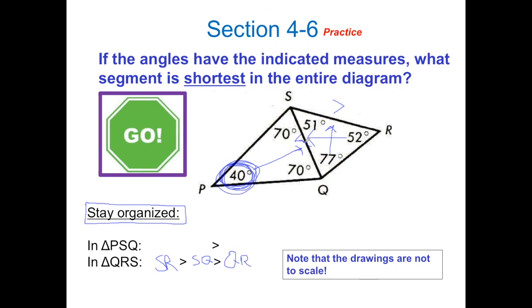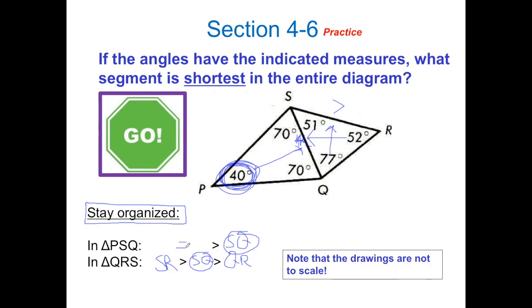But no, this isn't the smallest side, because it's the middle length of this triangle over here. Even though this is 40 degrees, the smallest angle measurement out of all 6 angles, this side SQ is definitely the smallest in triangle PSQ, but it's bigger than QR in triangle SQR.